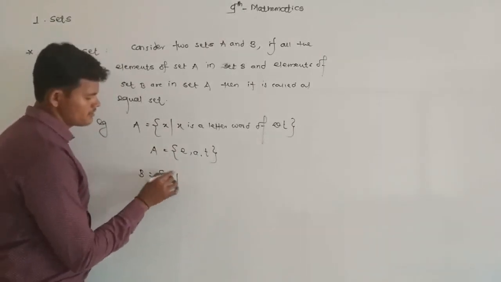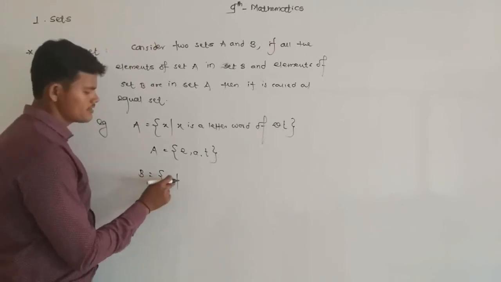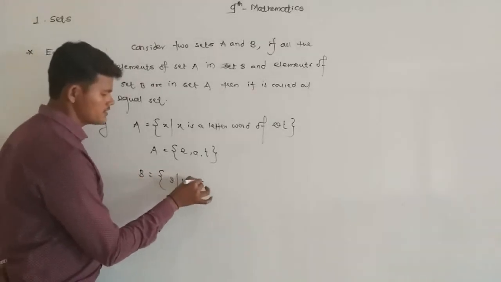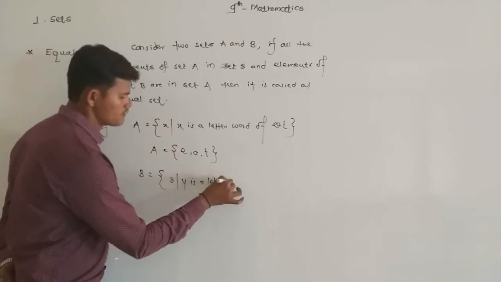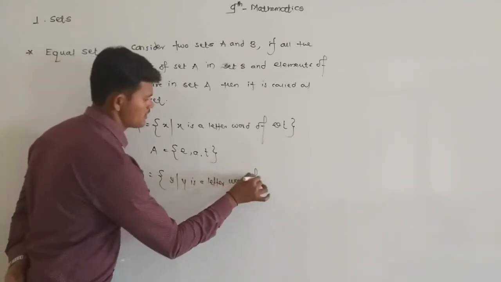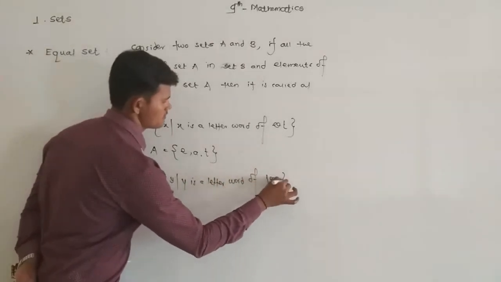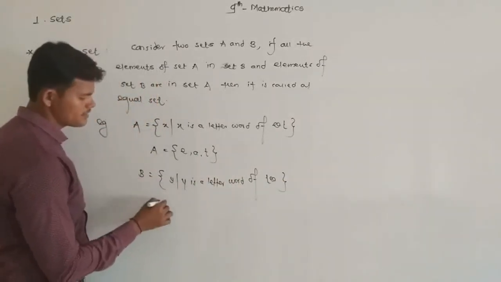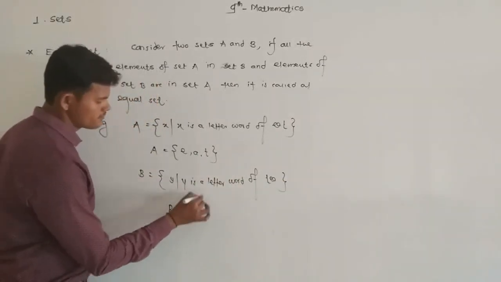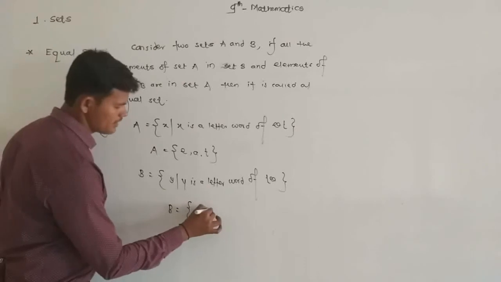Set B is a set of all y such that y is a letter of the word tea. Now write this set by using the listing method.